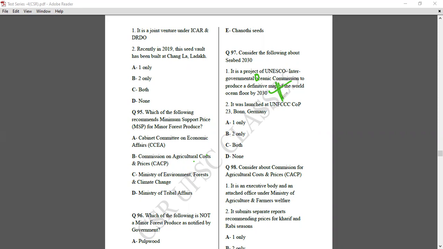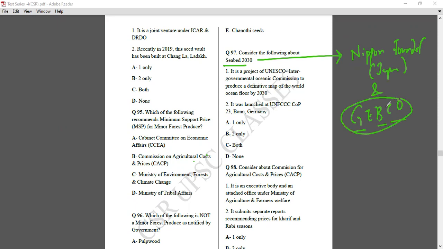Sorry, it is wrong. It is not done by Oceanic Commission. I'm sorry. It is wrong. It was launched at UNEP COP 23. It is also wrong. So Seabed 2030 is a project between Nippon Foundation of Japan and GEBCO, that is General Bathymetric Charts of the Ocean, very important organization. We'll come to that.